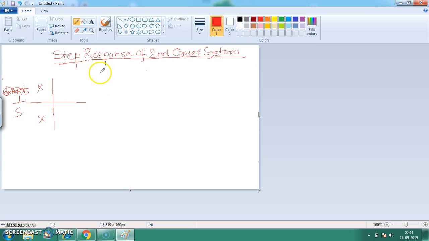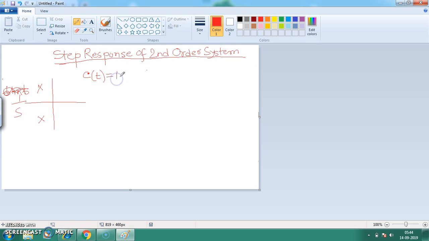So I am not giving the derivation, I am just writing the expression. So what type of expression in time domain we can get? We can write it in 2 forms.